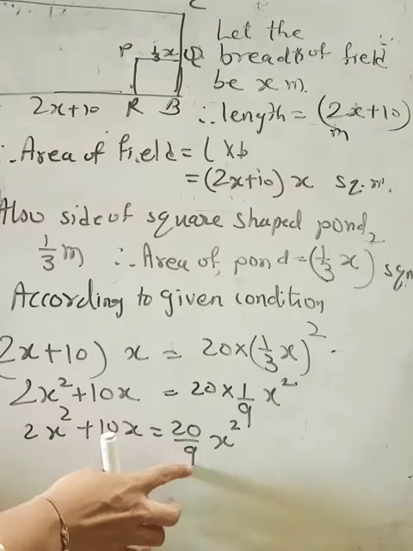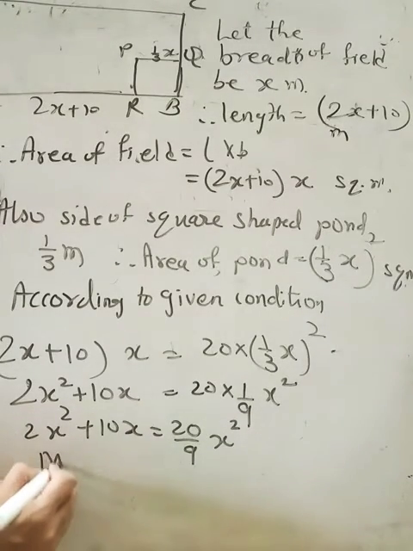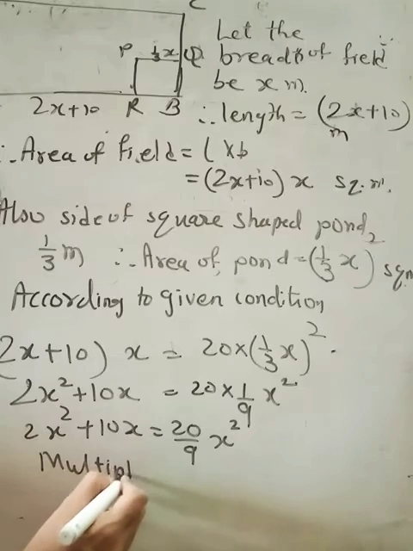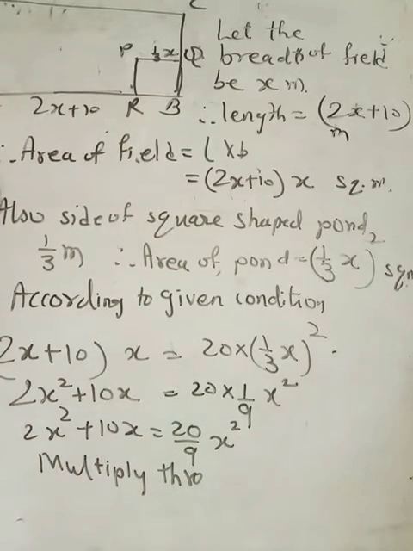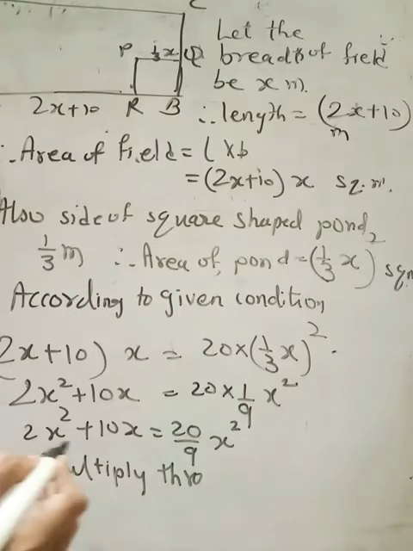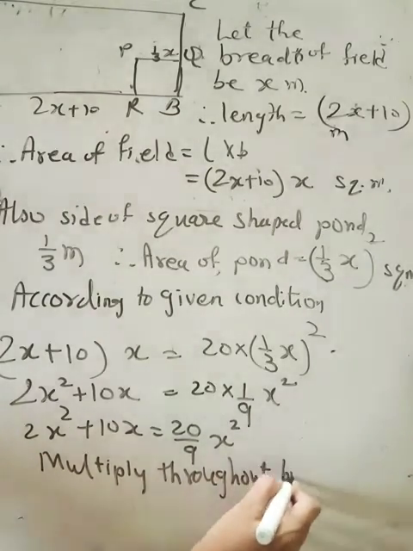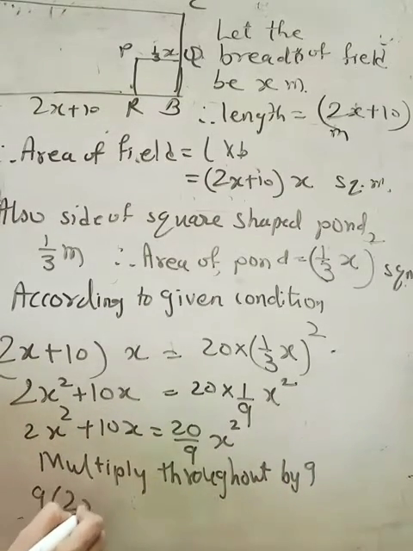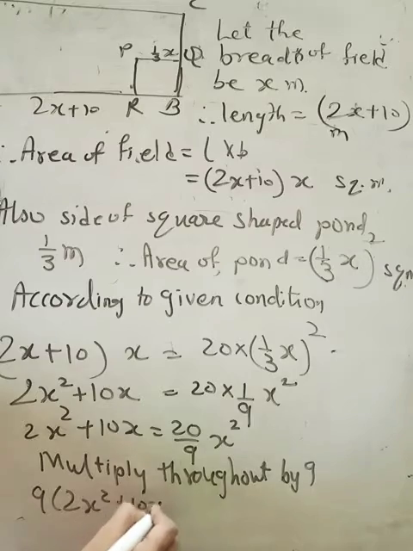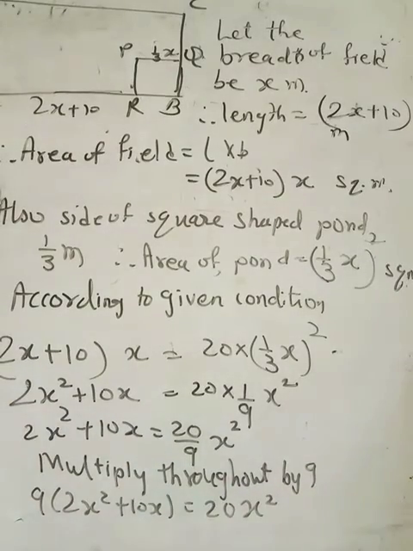Now here we have 9, so multiply throughout by 9. So 9 into (2x squared plus 10x) is equal to 20x squared, isn't it?